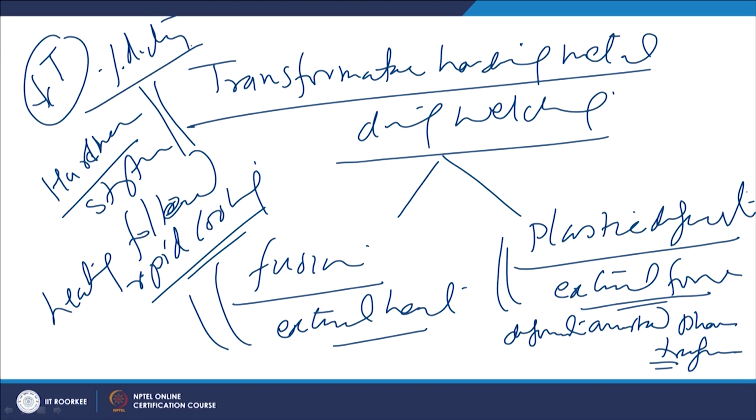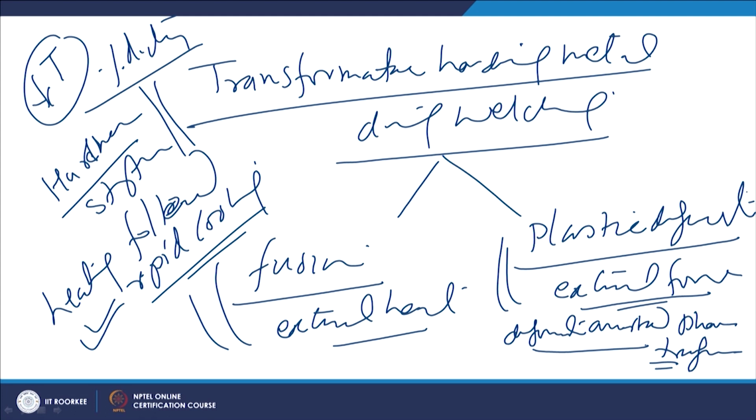So, embrittlement of the weldments is also accompanied under the unfavorable conditions of the heating followed by rapid cooling or excessive plastic deformation leading to the excessive increase in the hardness of the weld metal and the heat affected zone. So, here it is the weld thermal cycle which is leading to the various phase transformations, and on the other hand it is the deformation assisted phase transformation which is causing the variation in mechanical properties of the joint.